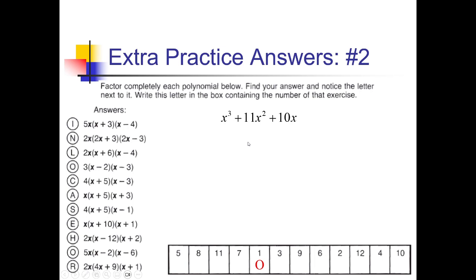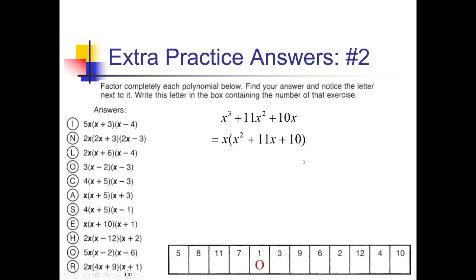For this one, I have an x cubed. These all actually have an x, so I can take a common factor of x out of all of these. In fact, I'm going to need to do that. So that'll leave me with an x squared, and then everyone just has one lower exponent on x, so this is a plus 11x. And the x's with the 10x cancel completely, so that's a plus 10.